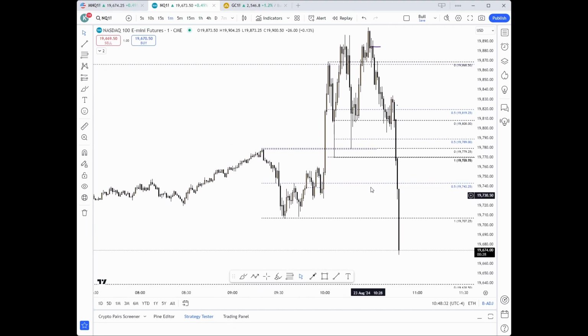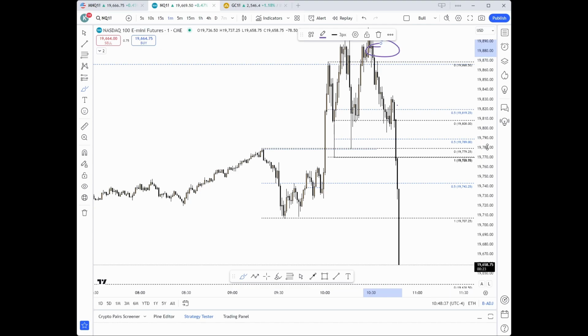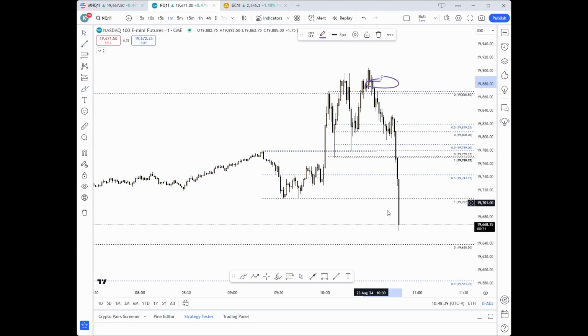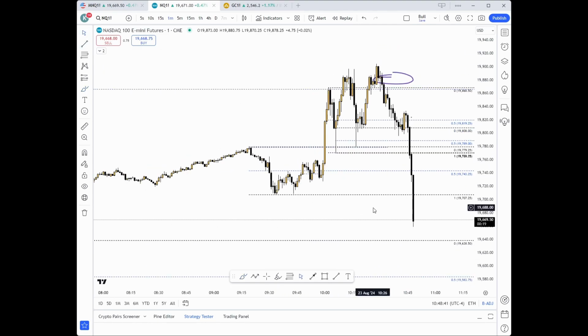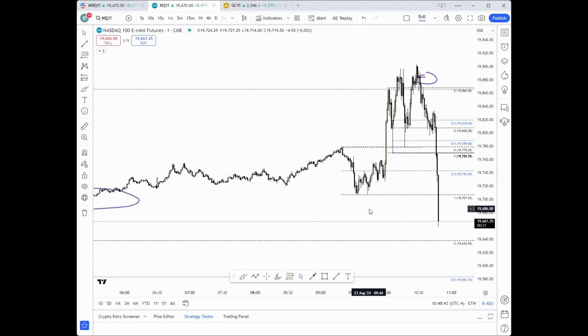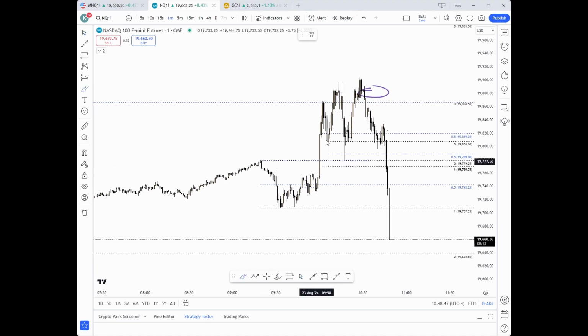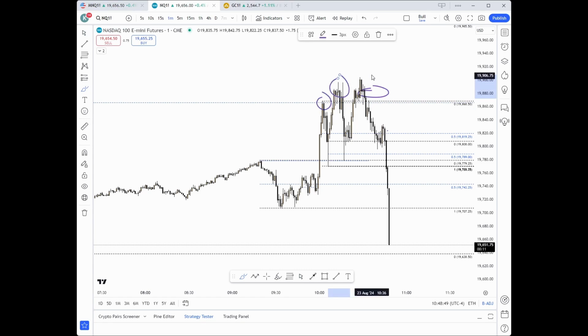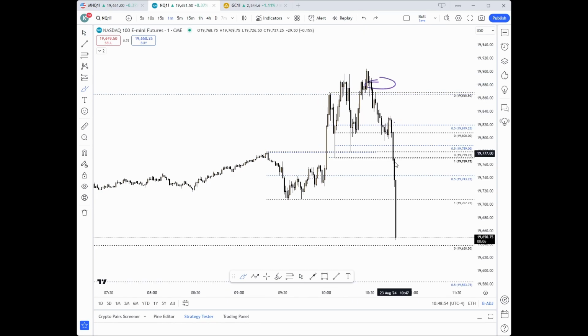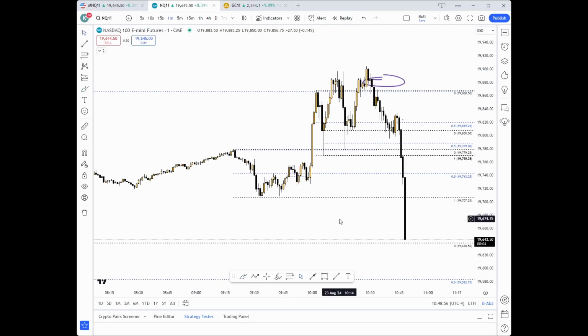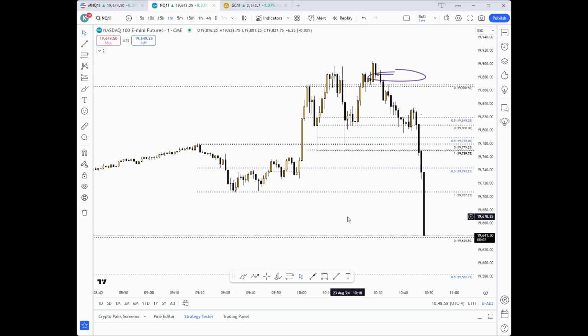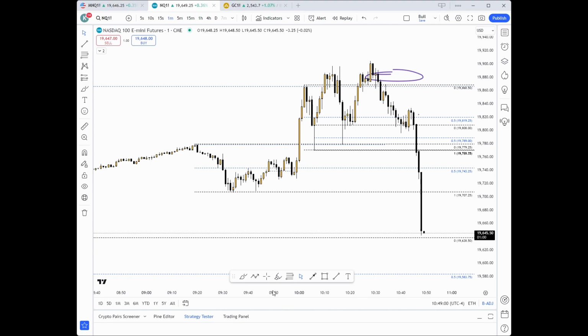Beautiful short. Yeah, me too. Like 200 points. Right? If only somebody would have said that, hey, we've actually got a 3 drives pattern here, and this could be a catastrophic failure. I blame Tom.